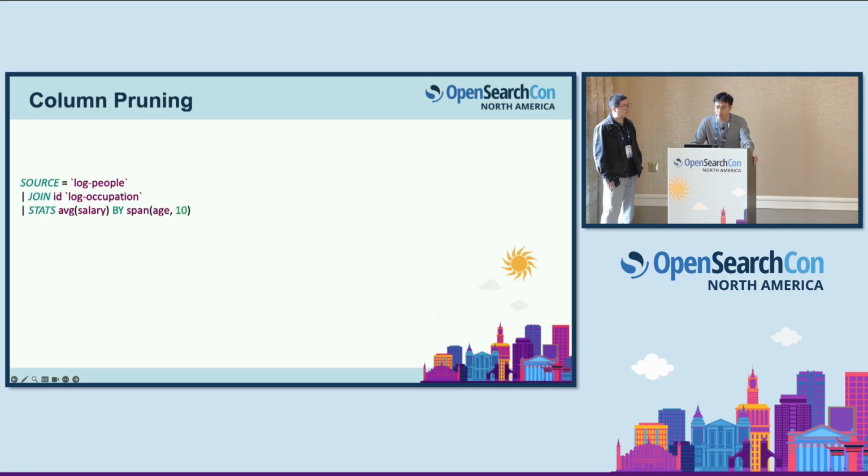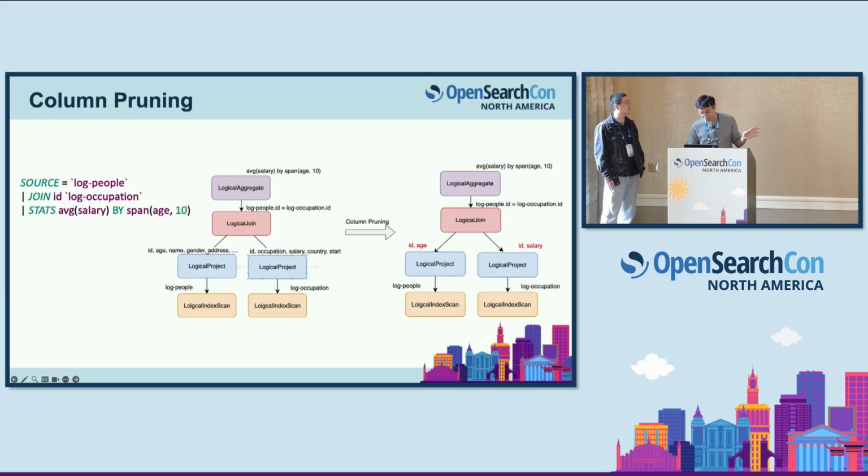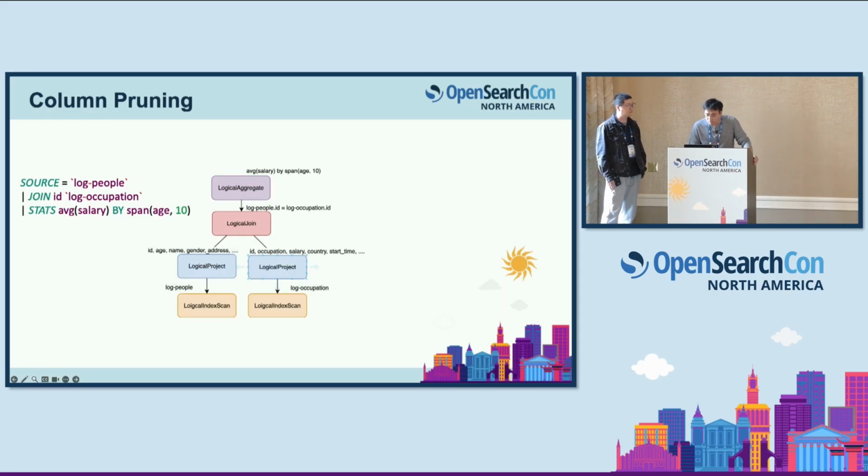And the second one is about column pruning. This PPL query has a join command and another stats command after it. In its plan, you can find that each child of the join has to fetch all columns from the index. However, we actually don't need all of them.